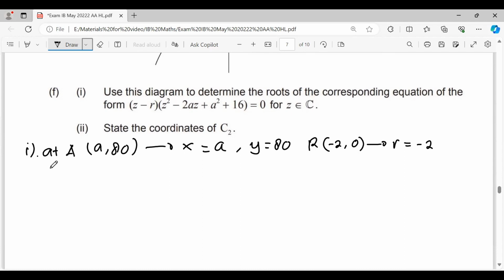Then these functions, g x equals x minus r times x squared minus 2ax plus a squared plus b squared.